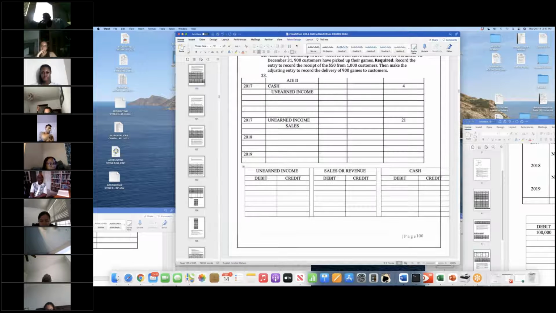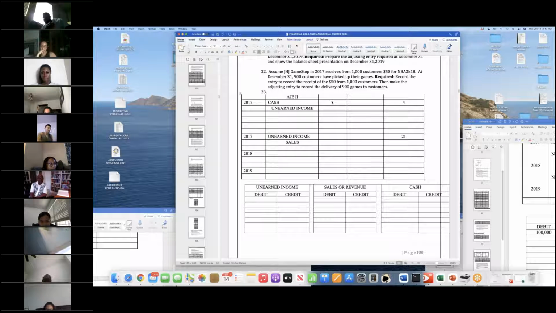Okay, that's going to be 100,000. So we're going to debit cash for 100,000 and credit unearned income for 100,000. And when we post these, we debit cash for 100,000, and we credit unearned income for 100,000. So no different from what we've been doing before.